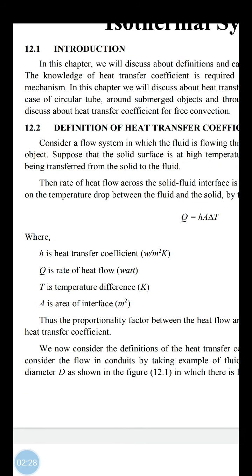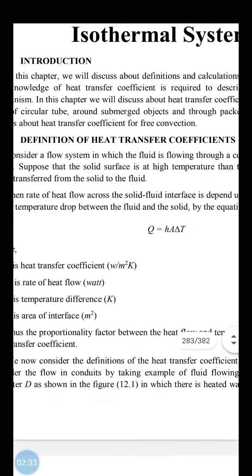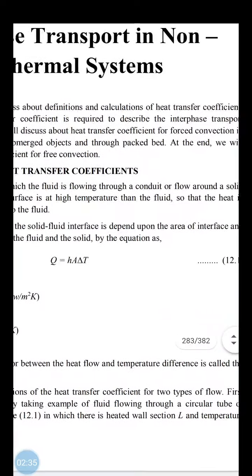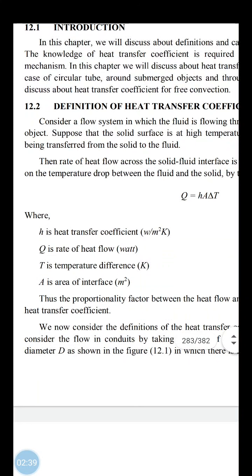Then the rate of heat flow across this solid fluid interface obviously depends upon the area of interface, and also upon the temperature difference between the fluid and solid.